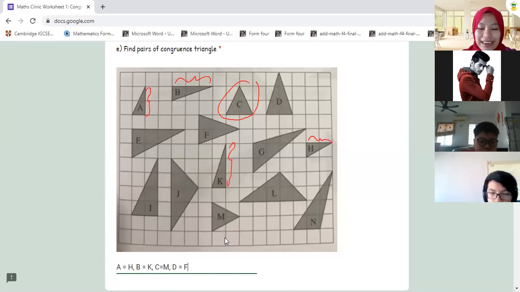Correct, G. I'm sorry, E. We missed E. What is the size here? Correct, 4. Good. So all of you now should be able to recognize congruent shapes. F.